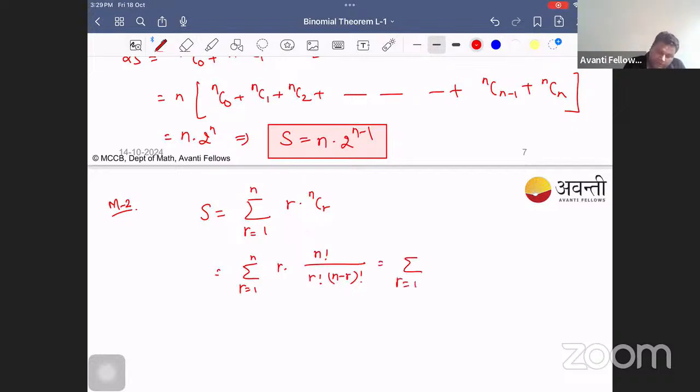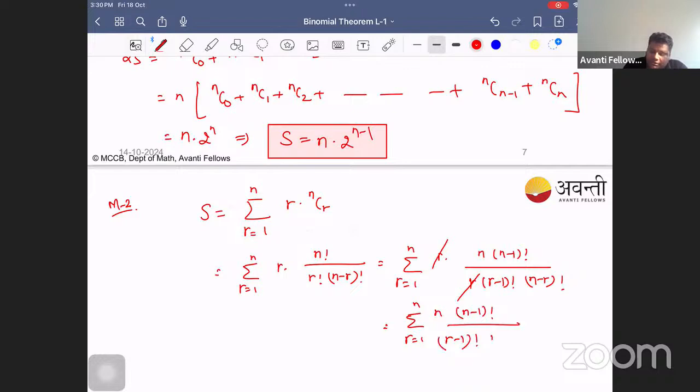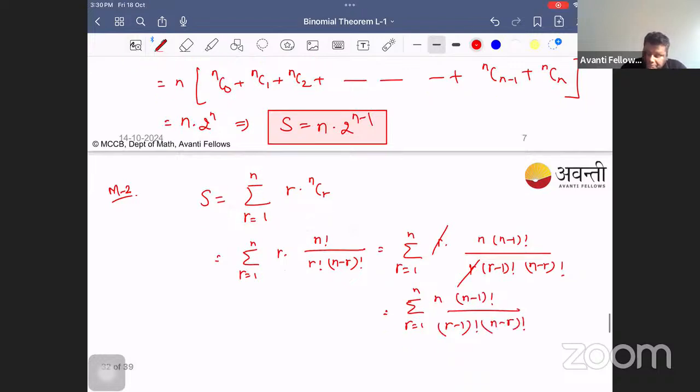That is sigma r from 1 to n, r into n factorial upon r factorial (n minus r) factorial. The numerator n factorial can be written as n into (n minus 1) factorial. The denominator can be written as r into (r minus 1) factorial and (n minus r) factorial. So this r cancelled. What you are left with? Sigma r from 1 to n, n outside, (n minus 1) factorial upon (r minus 1) factorial (n minus r) factorial.